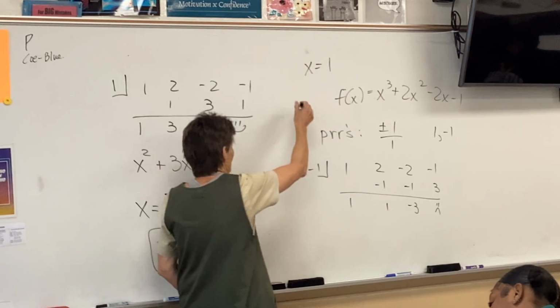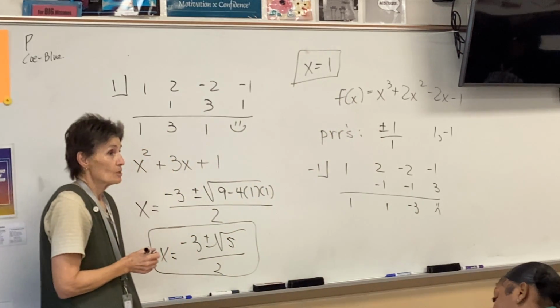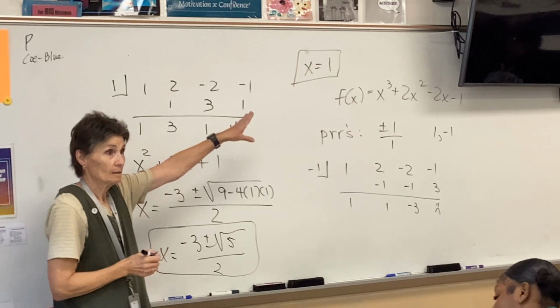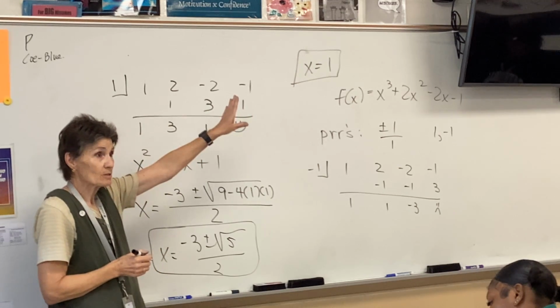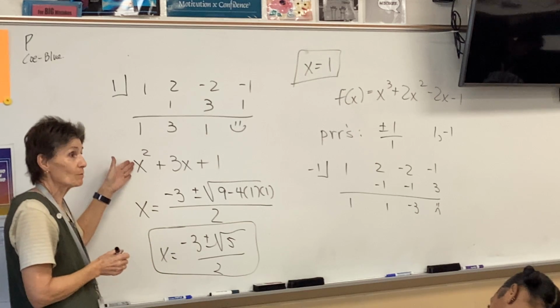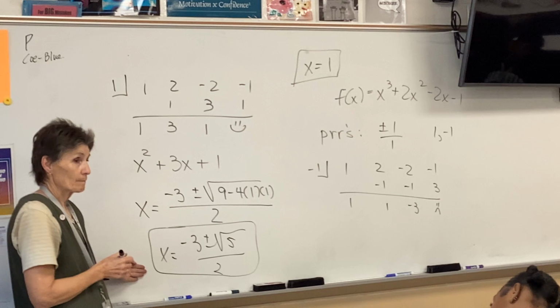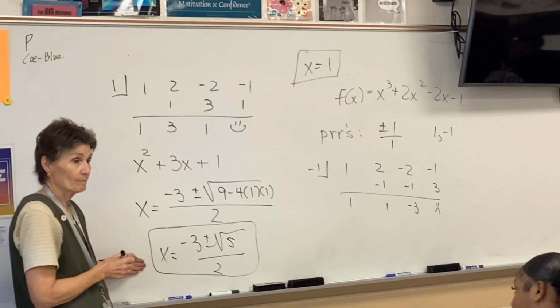Now, luckily, we're not graphing. All we're doing is solving. So we guessed 1. So one of our answers is 1. And then we ended up having to do the quadratic formula to find the other 2. Here are the other 2.